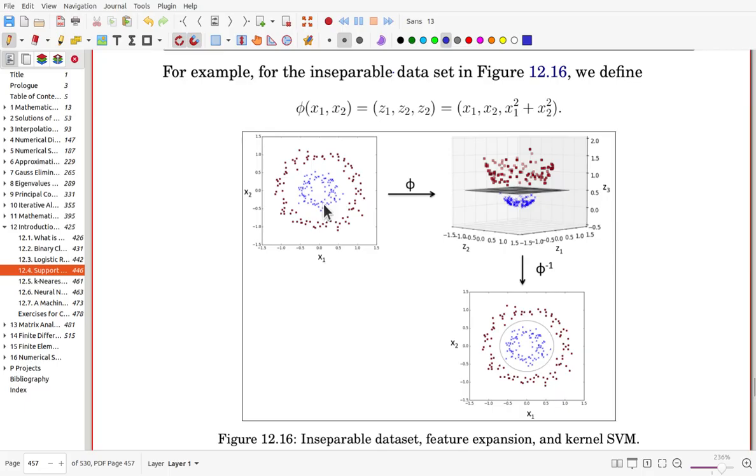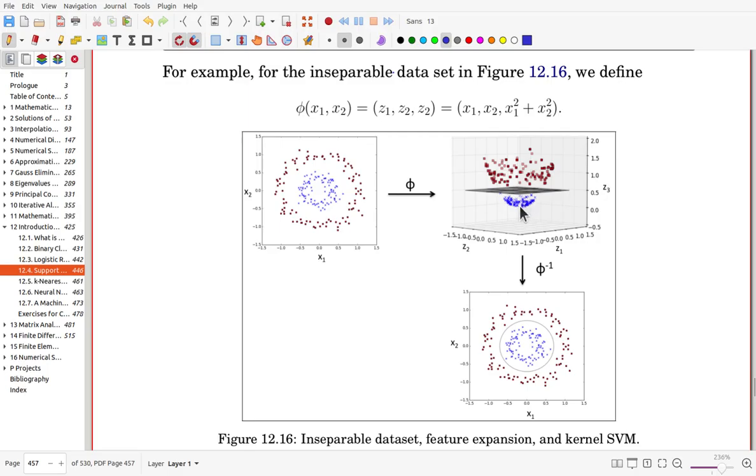Now we try to transform this data set into three-dimensional space by adding one more component, which is length squared. Then you can see, as in the figure, the outer points will go up in the z direction, and the inner points will go down.